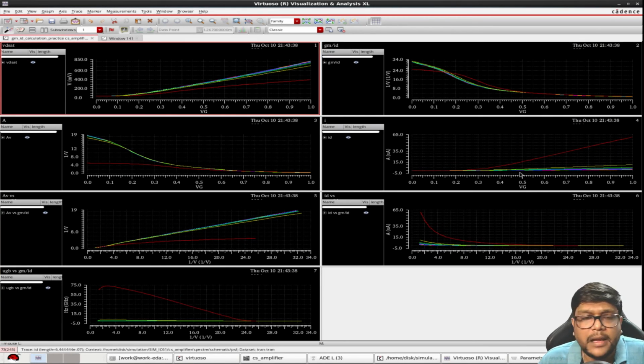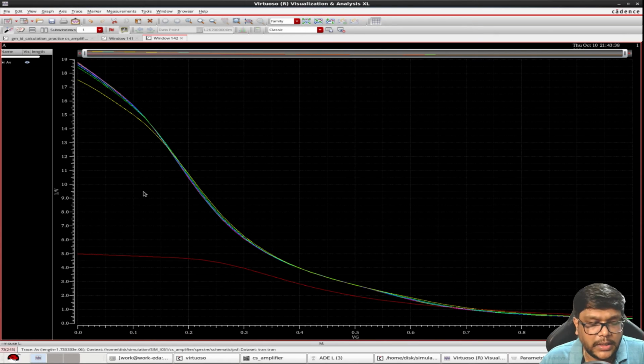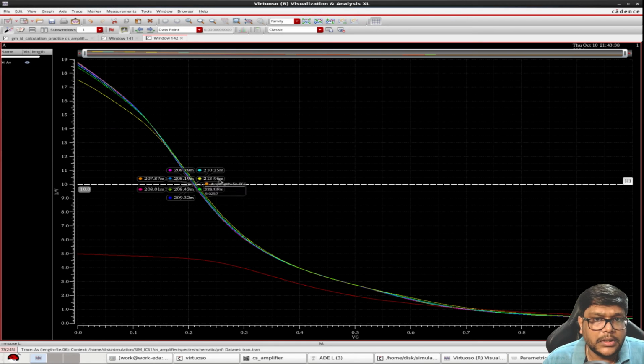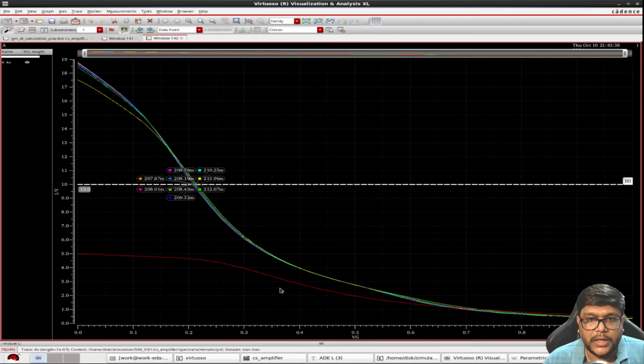Here, what I need is a gain of 10. Around 208 millivolt of VG we are getting a gain of 10. If I give more VG, I'm not getting the gain of 10. So it is around 208 millivolt.